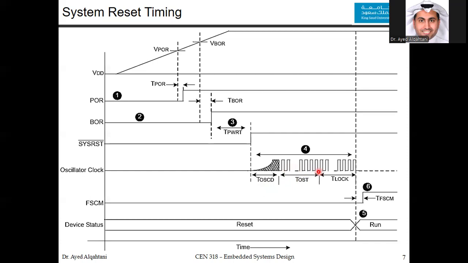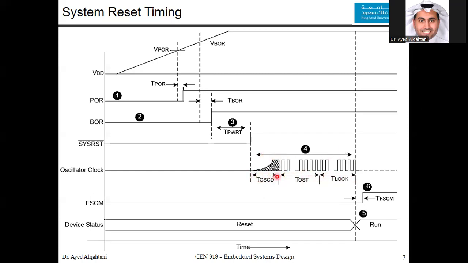And at this point, it depends on your choice. If the PLL is used, then an additional T clock delay needs to be accounted for. So that's the 3 parts that you need to wait for the oscillator.